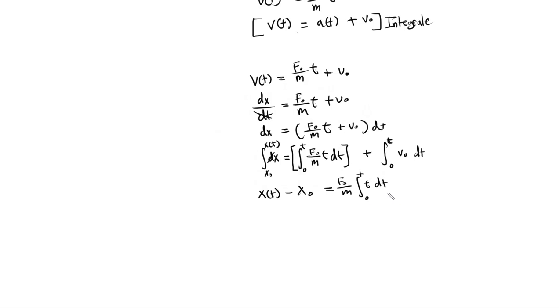That's what we'll be left with, and we'll evaluate that from 0 to t. Over here we're left with plus the initial velocity times time evaluated from 0 to some t.